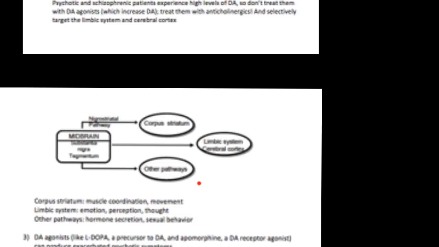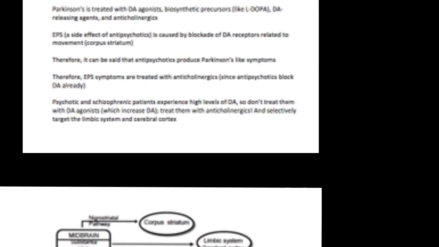The limbic system and the cerebral cortex are responsible for emotion, perception, and thought, and other pathways via dopamine are responsible for hormone secretion and sexual behavior. And dopamine is primarily stimulated by the midbrain.